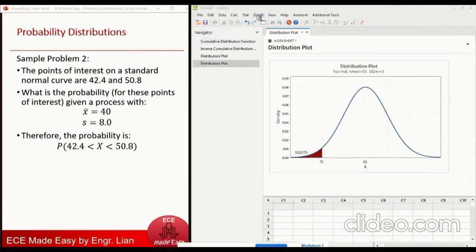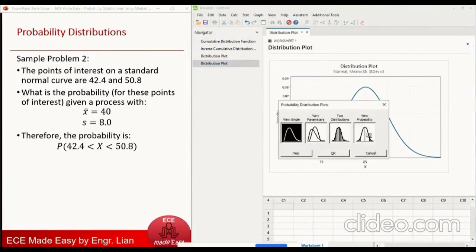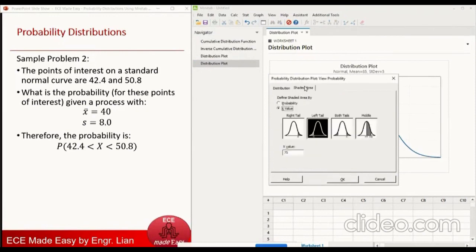We'll directly use the probability distribution plot here and view probability. We'll just enter the mean of 40 and standard deviation of 8.0. Now this will be easier since we have an option here, which is the middle.